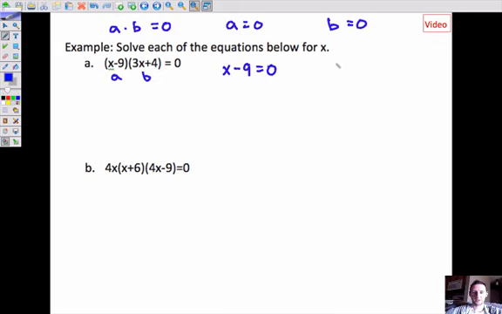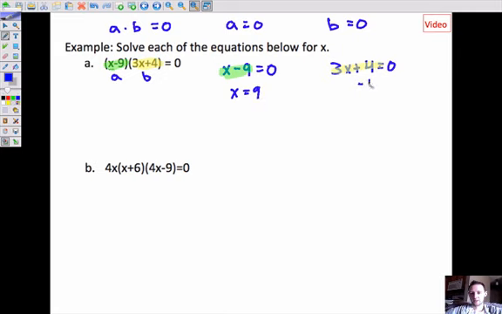Part 2 is if 3x plus 4 equals 0. Again, we're just breaking it down. We've got our two parts, a and b, and one of them has to be 0. So we're going to find what value of x makes this 0. Well, that would be 9. 9 minus 9 is 0, so x equals 9.